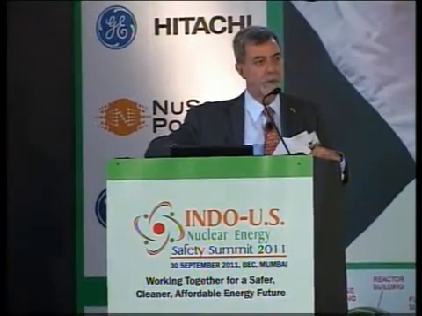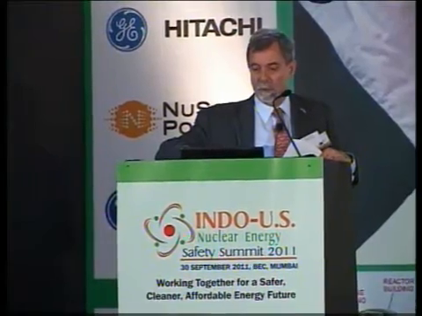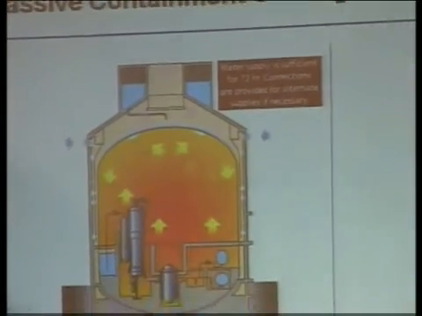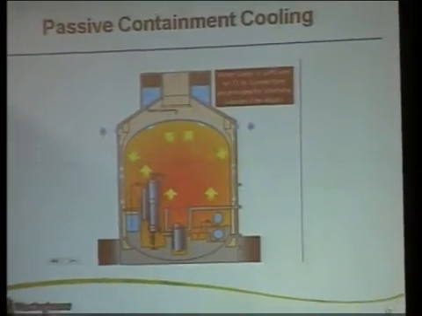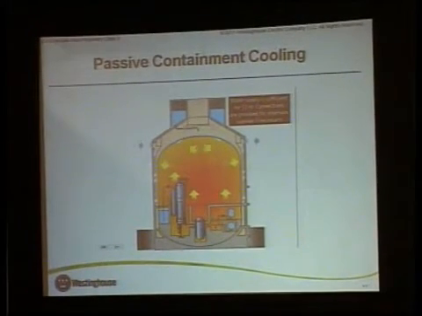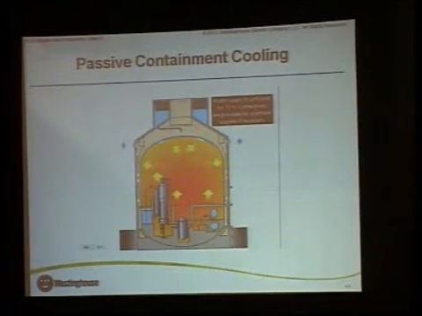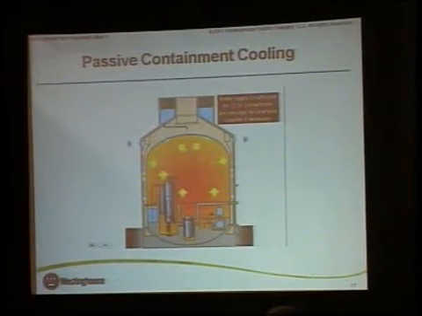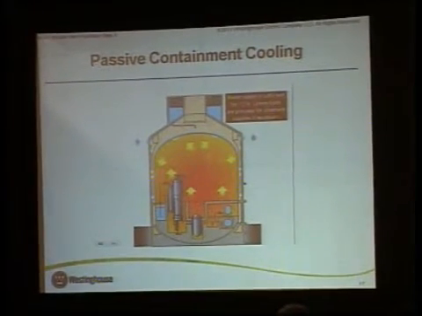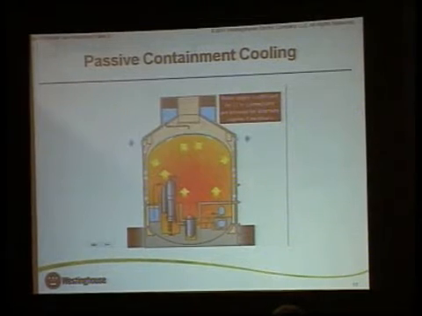In the event of an accident with additional energy released into the containment, the cooling provides condensation and condenses the moisture inside containment, reduces the pressure, and at a certain point, if the pressure is increased too high, the water from the storage tank at the top of the containment is released to provide additional cooling for the containment to release the heat to the ultimate heat sink.